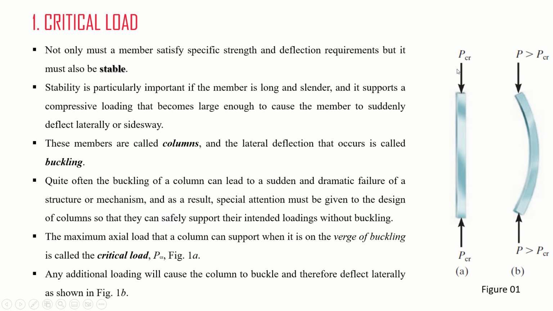P keeps on increasing, and at some point you reach P critical, the last point at which the column will be in stable equilibrium. If you increase the load beyond that point, the column will not be in stable equilibrium and it will shift to unstable equilibrium. So stability is the requirement, and we need to know the various parameters on which it depends, right?